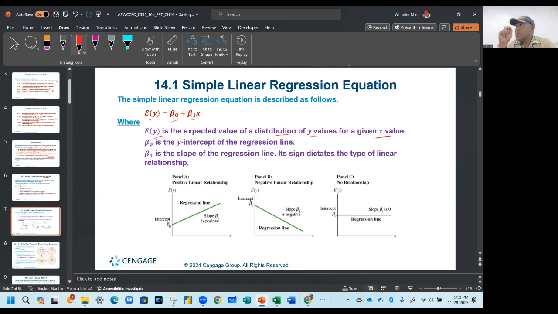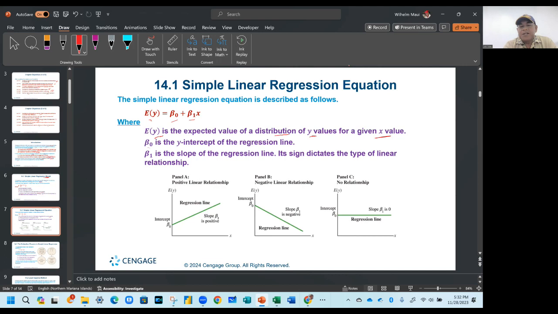Because there's an error term, the prediction, or trying to explain the variability in y that is due to x, is going to end up with some kind of error because we're sampling to come up with that estimate. That will become clear later.